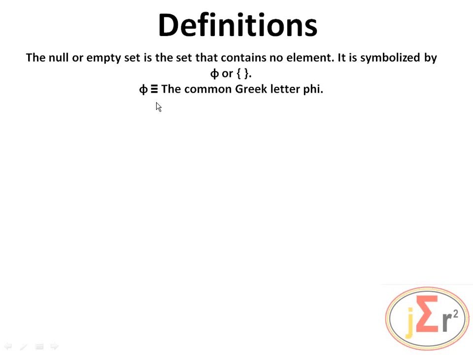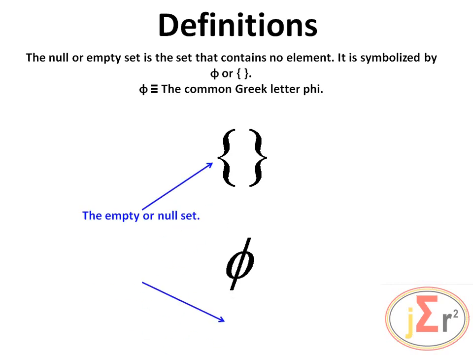This symbol is the common Greek letter phi, and it is used to represent the null or empty set. The set contains no element.